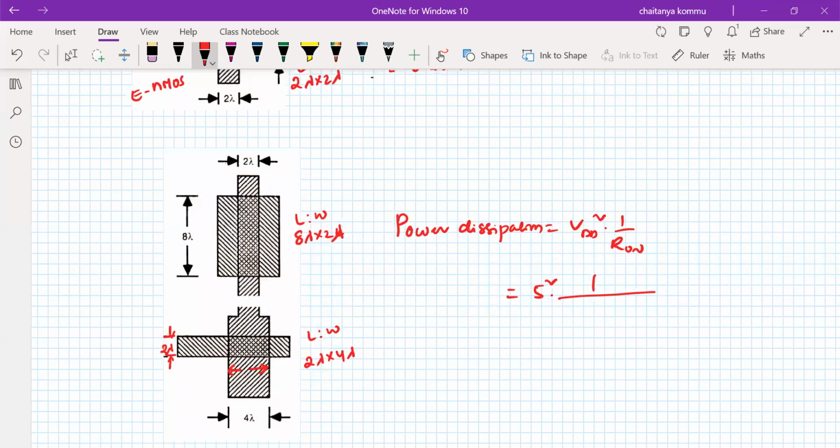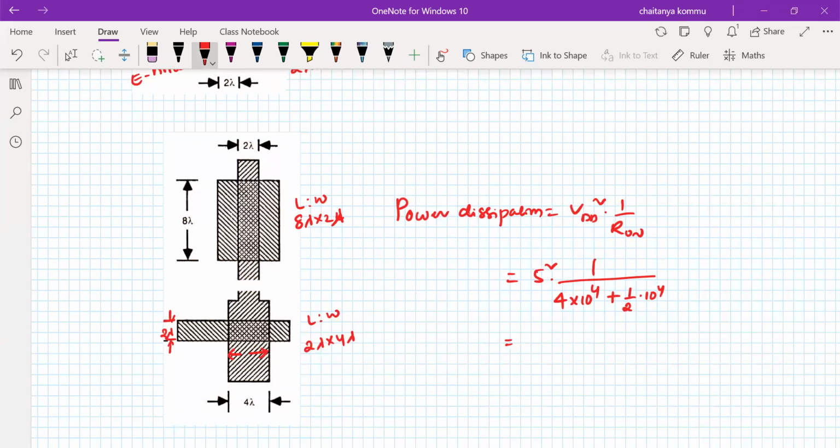It's 4 into 10 to the power of plus 4, plus 1 by 2. So 2 lambda by 4 lambda is 0.2 into 10 to the power of 4. So 5 square is multiplied with 0.54.